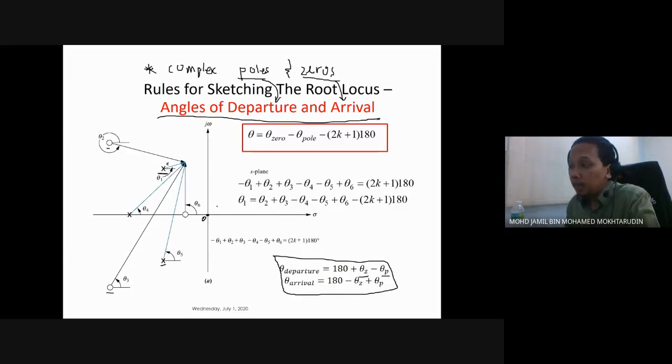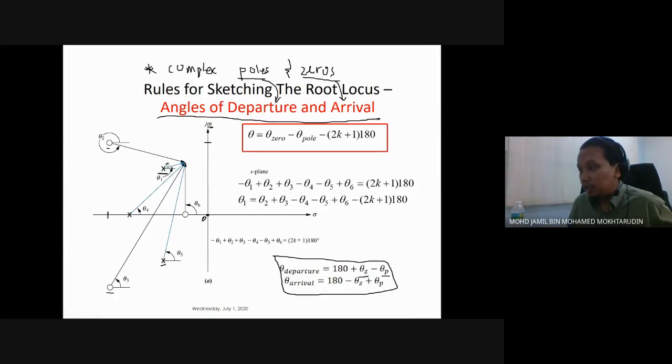Tetapi dekat X ni dengan bulatan ni dia terletak bukan pada real axis, meaning that it has imaginary part and also real part. So when you have poles and zeros that have real and imaginary parts, then they should have departure and arrival angle.